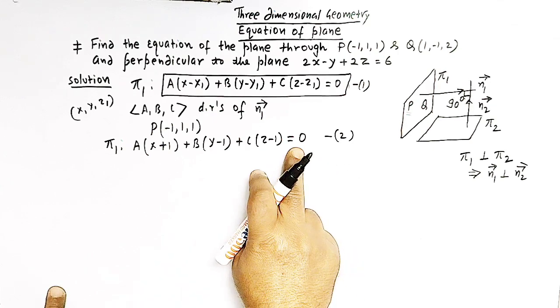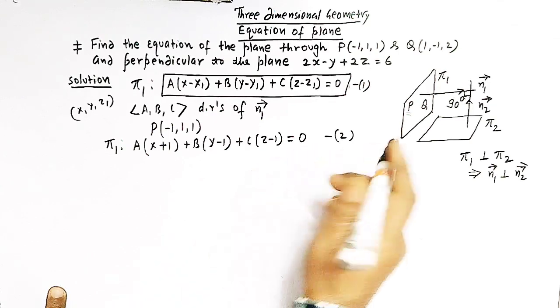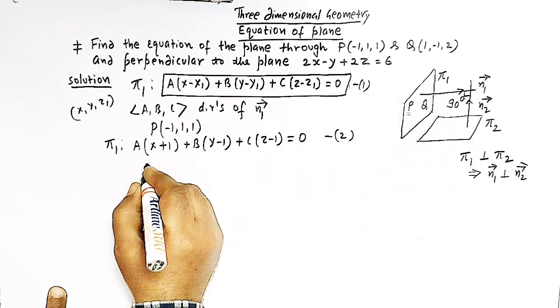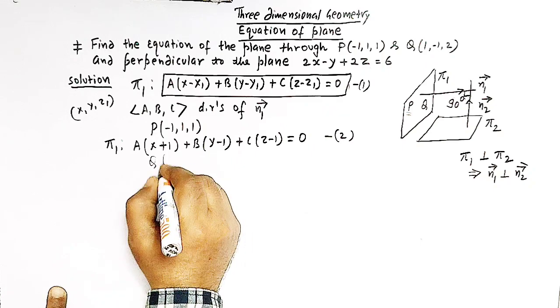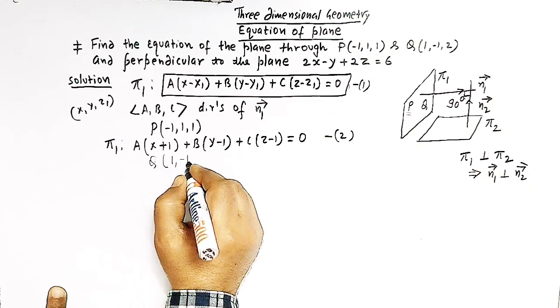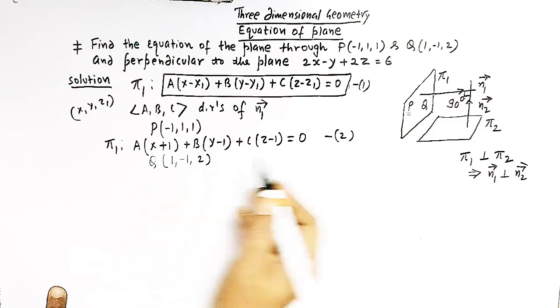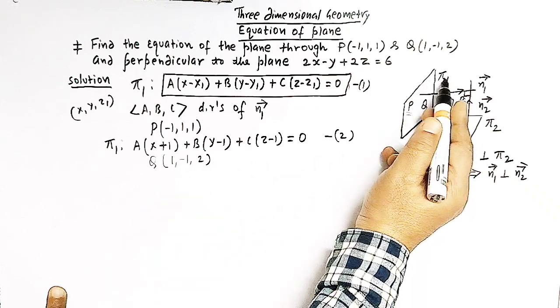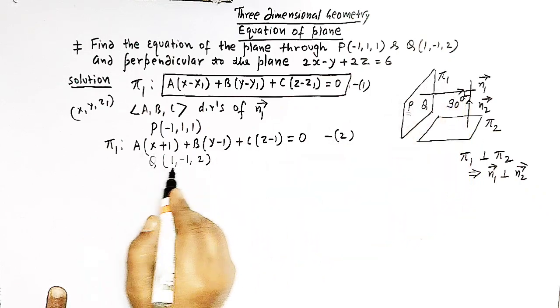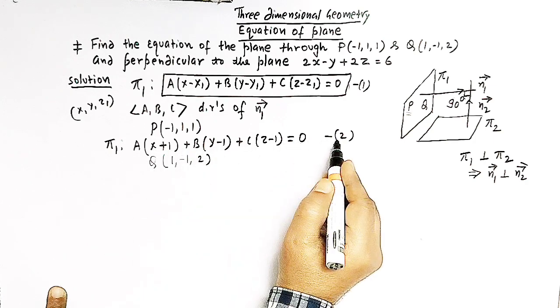So now this equation also satisfies this point, that is point Q, that is (1, minus 1, 2). So this point Q also lies on this plane pi 1, so this point also satisfies this equation too.